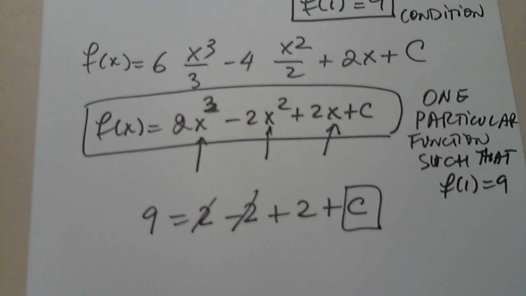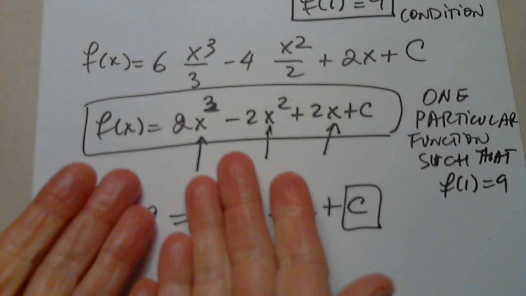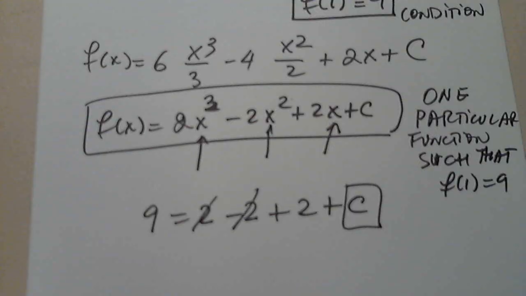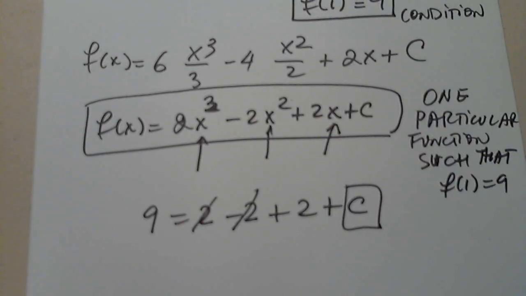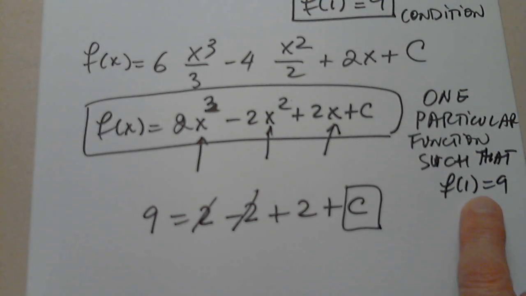So we don't care to find, we had to, but we don't care to look at the most general antiderivative. We want that one specific one that passes through this point, 1, 9. So from this equation, can anyone give us C?